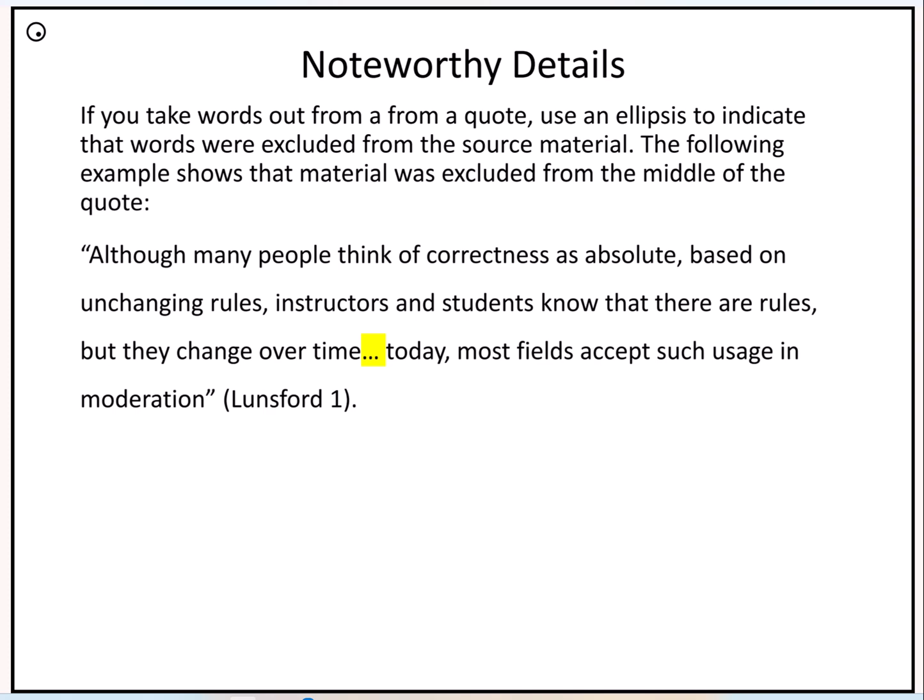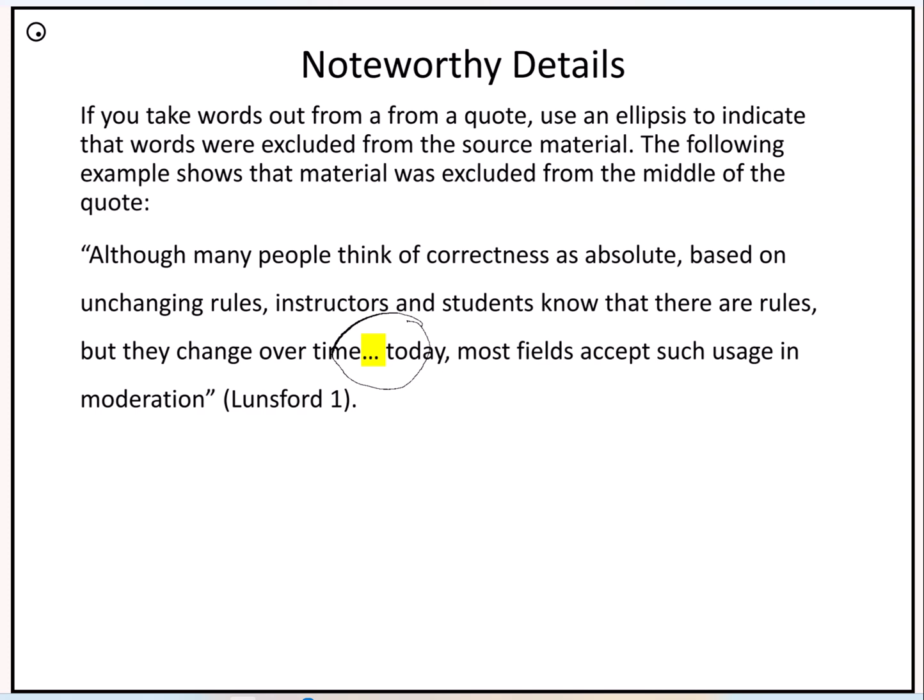And so we see that highlighted right here with the yellow highlight. The ellipsis is the 3 dots, so basically 3 periods in a row. And that indicates to the reader that you have deleted something. So you have taken parts of the quote out and used only the parts that you're looking for.